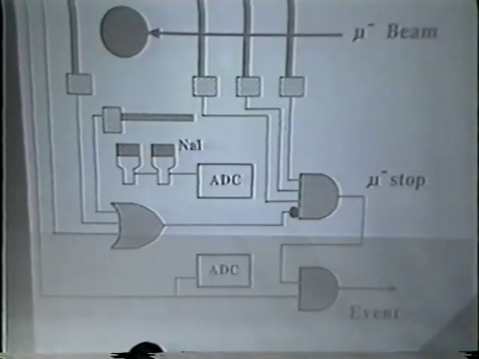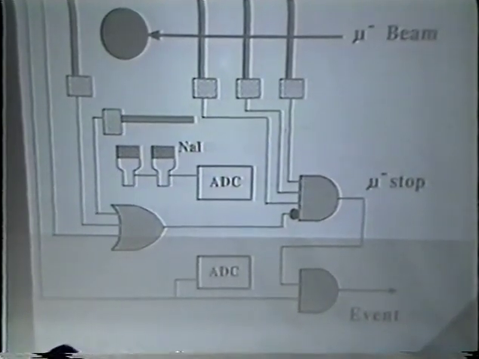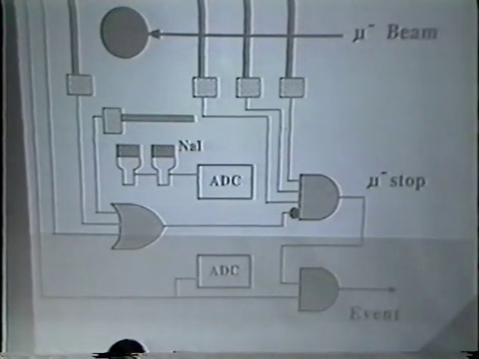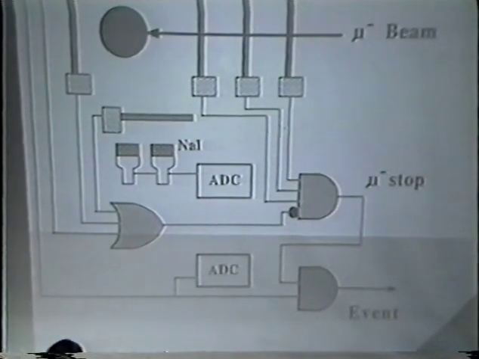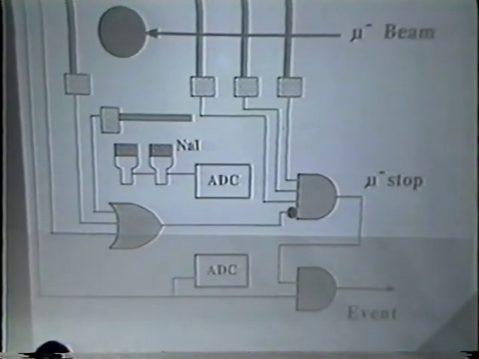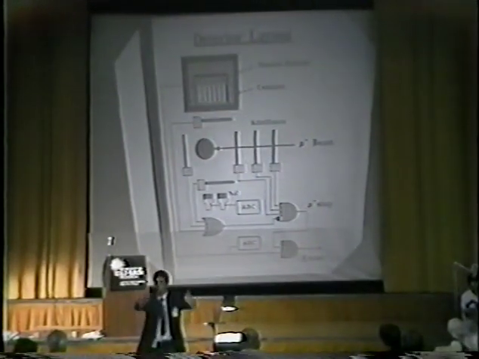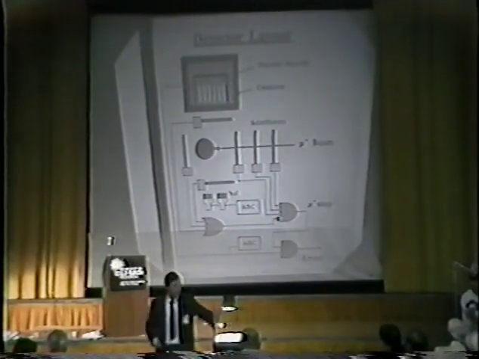This helium-3 counter consists of 12 tubes, high-pressure helium-3 tubes, about 1 foot in length, 1 inch in diameter, that are cast in or mounted inside a solid block of polyethylene, about 1 foot in diameter, 1.5 feet long. So they're just pushed in here. The whole thing is wrapped in cadmium.